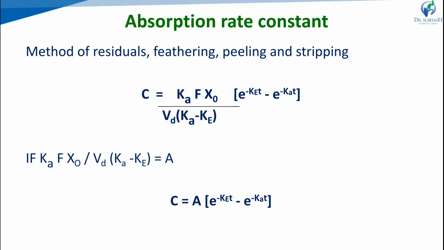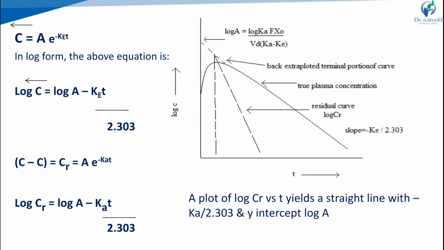So it is a hybrid constant. The total value of Ka F X0 / Vd (Ka − Ke) we can assume as A. So the equation becomes C = A (e^(−Ket) − e^(−Kat)). During the elimination phase, absorption is almost over, so Ka is greater than Ke.